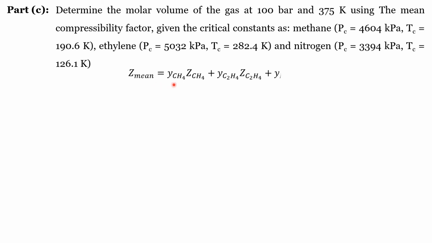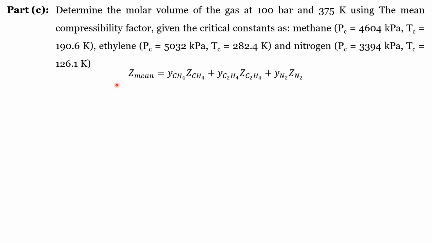So mean compressibility factor can be written as mole fraction of CH4 into Z value of CH4, plus mole fraction of ethylene into compressibility factor of ethylene, plus mole fraction of nitrogen into compressibility factor of nitrogen.